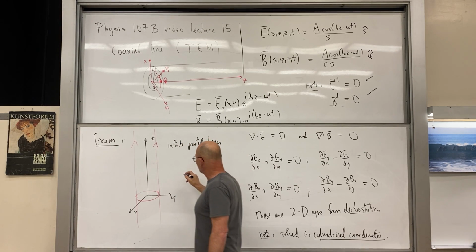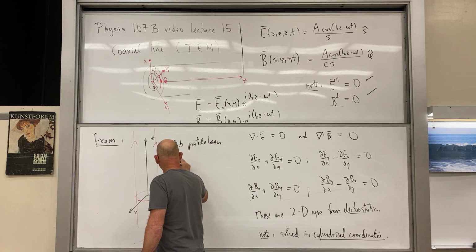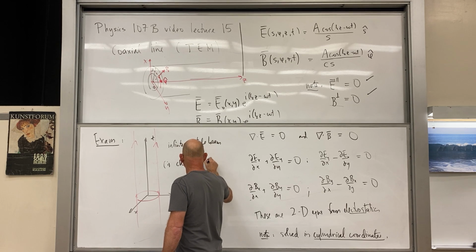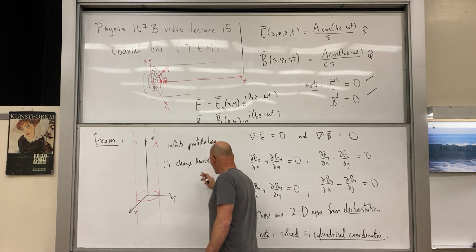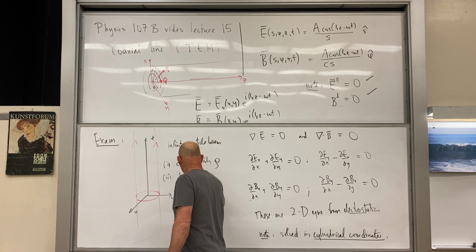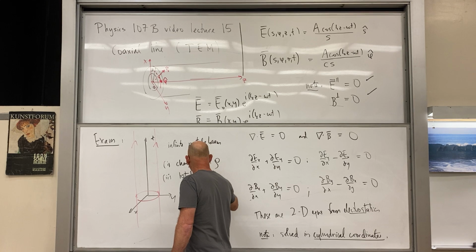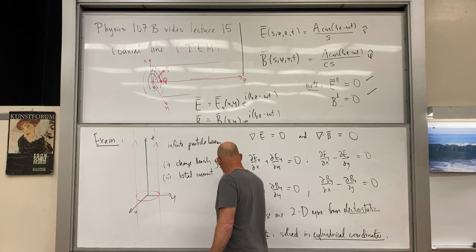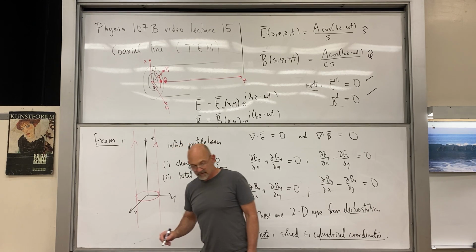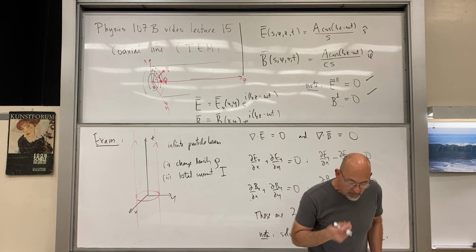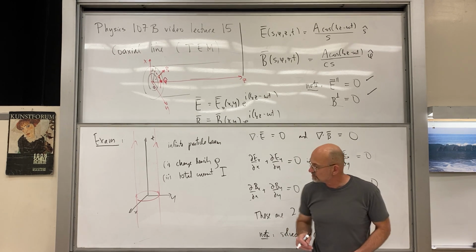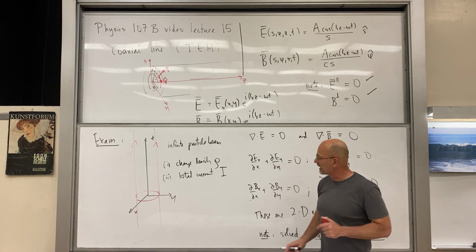Because of that, we can say that it has charge density rho, so that's charge per volume. We'll just say it has a total current I. Do we need anything else? That'll do the trick. That'll be enough.